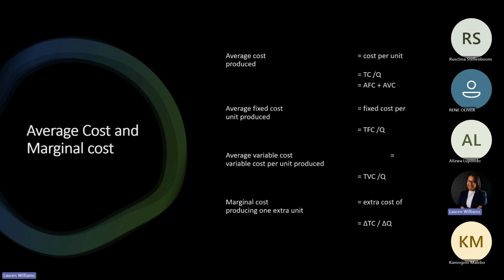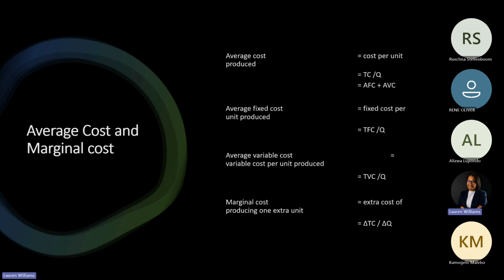That's the easiest way I remember. Or, if you're looking at the average cost, which is the totality of your average fixed cost and your average variable cost, then it becomes your average fixed cost plus your average variable cost, if you have all of the elements.